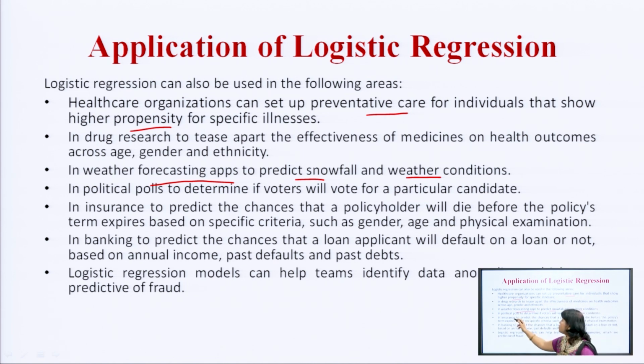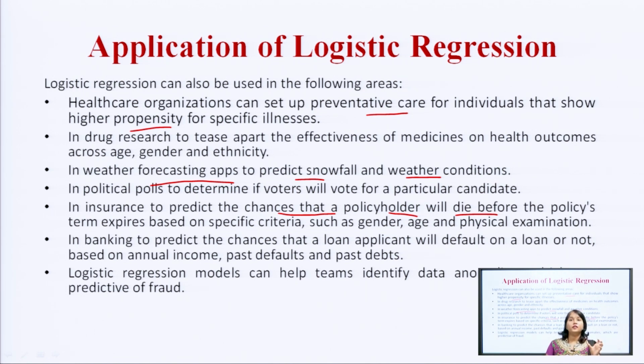In insurance, it is used to predict the chances that a policy holder will die before the policy term expires, based on specific criteria such as gender, age and physical examination. That is why they examine beforehand whether he or she is perfectly all right or not.